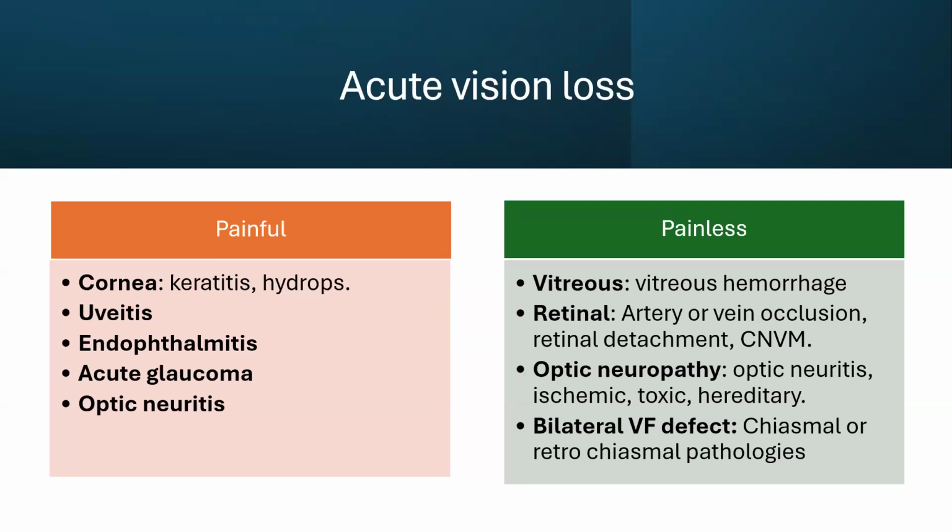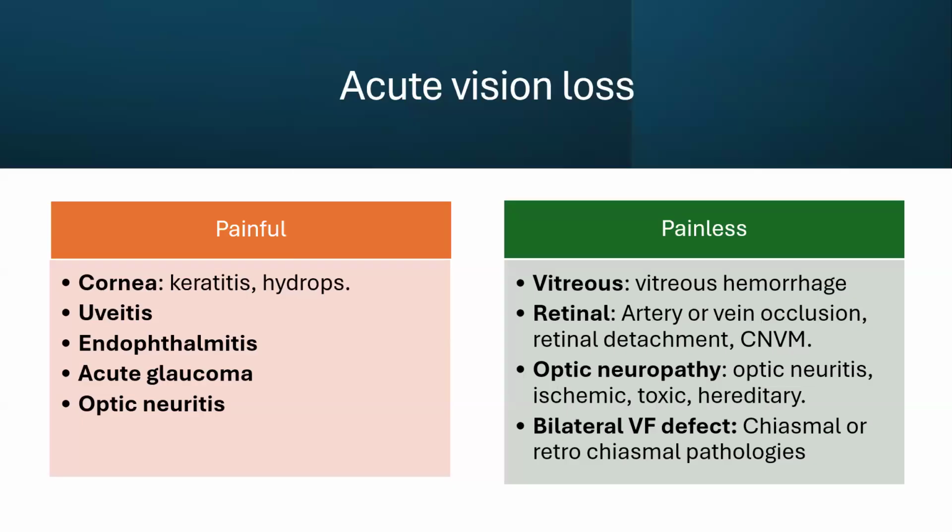It's painful or painless. And some of the differential can be painless or painful, such as optic neuritis. It commonly comes with pain with eye movement, but sometimes can come with painless visual loss. Whenever you approach a case of visual loss, think about the eye from the cornea, lens, retina, optic nerve, and the brain in the visual pathway.